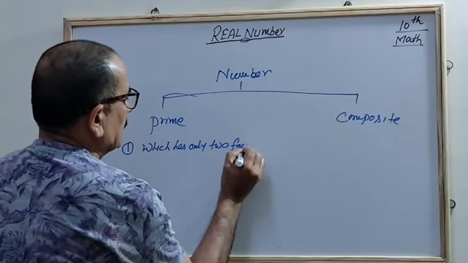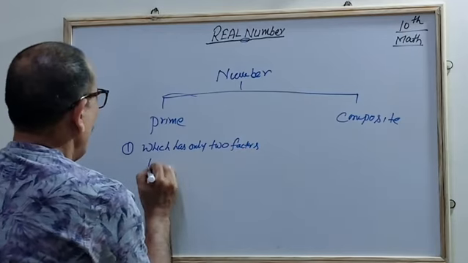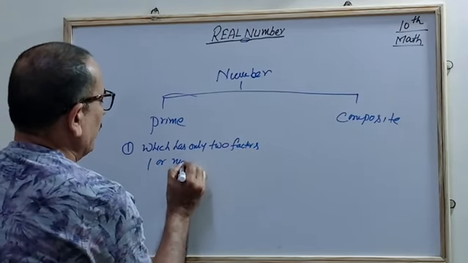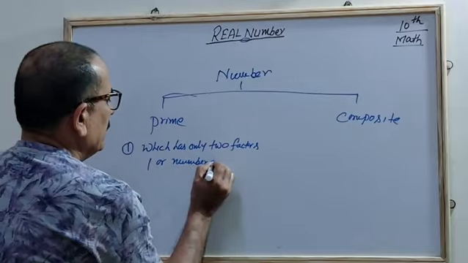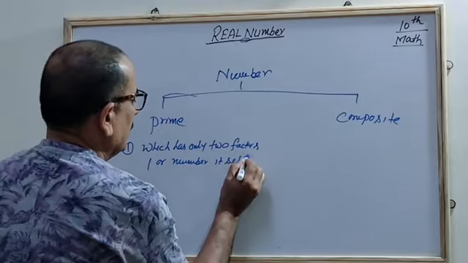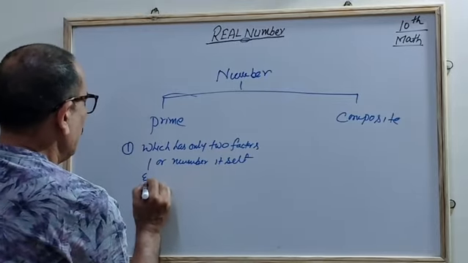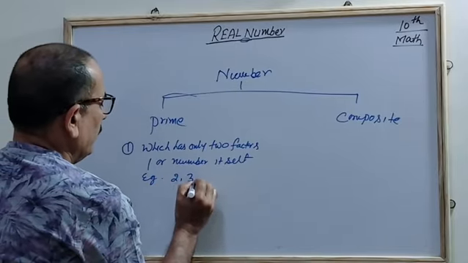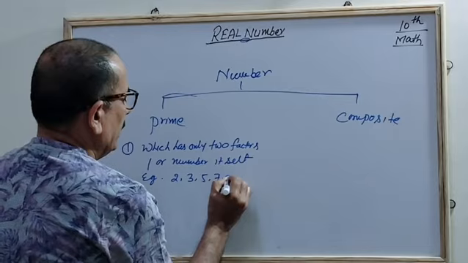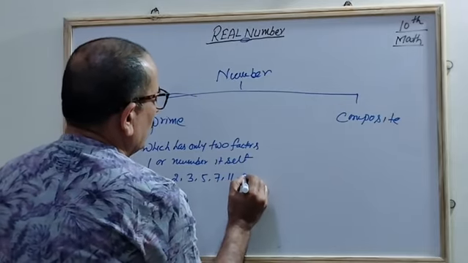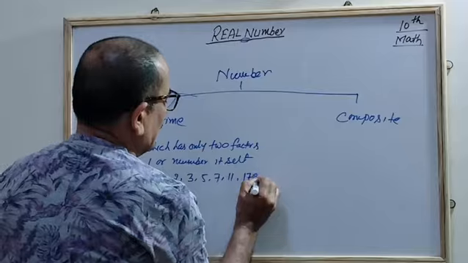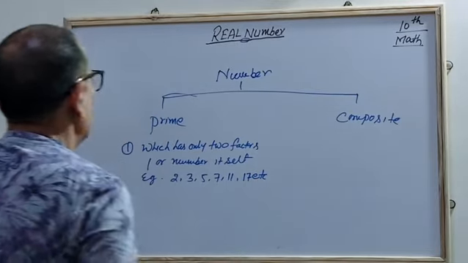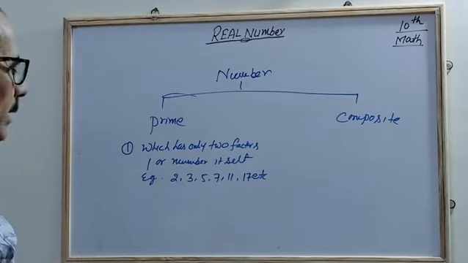Two factors means one and the number itself. The examples you can see are 2, 3, 5, 7, 11, 17, etc. These are all examples of prime numbers.